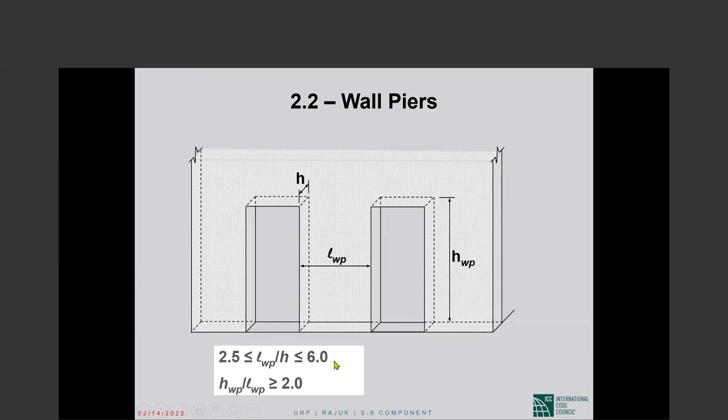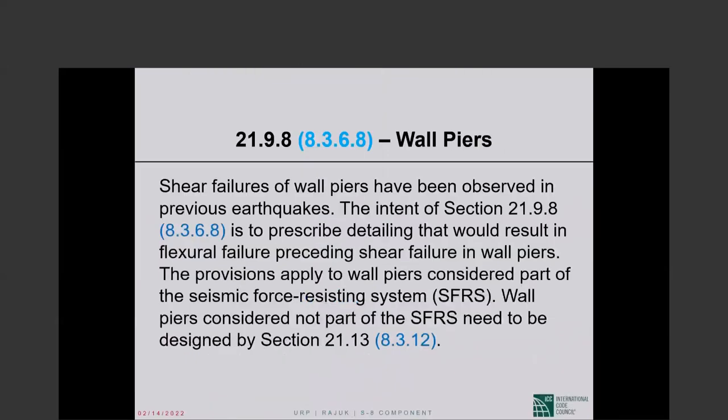So both have to be true for you to have a wall pier. Shear failures of wall piers have been observed in previous earthquakes.